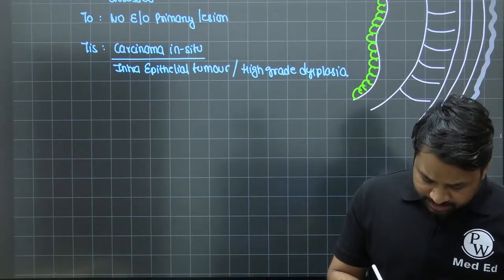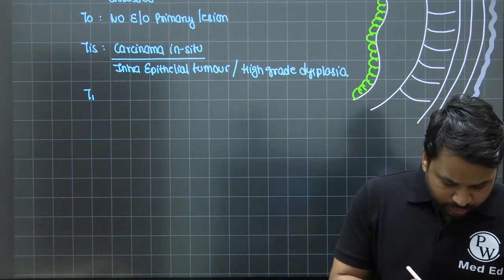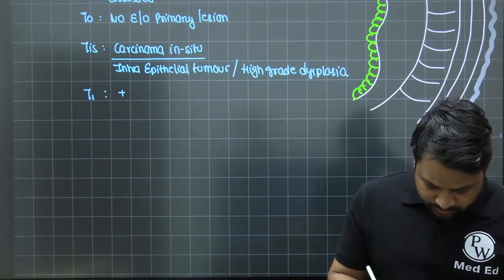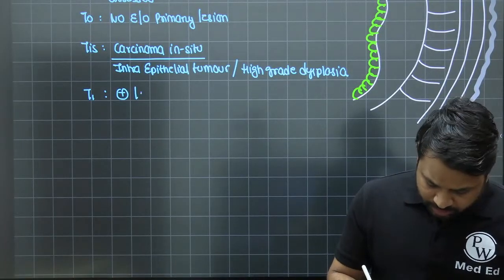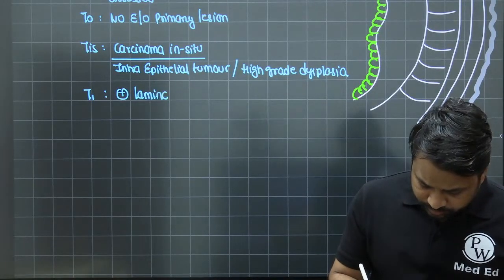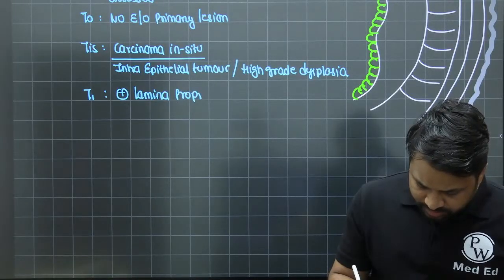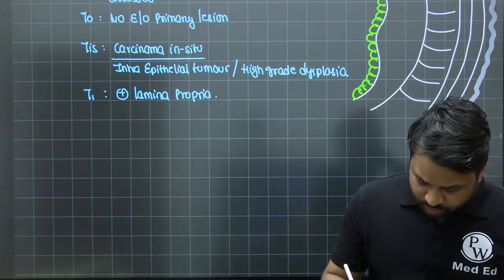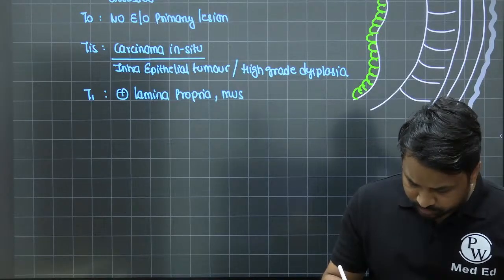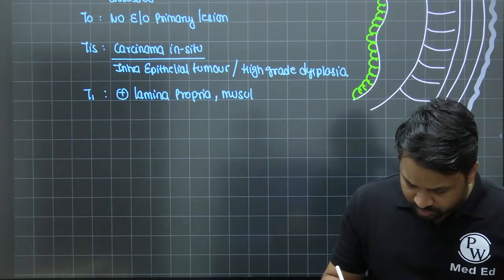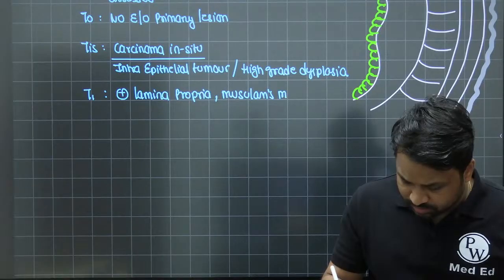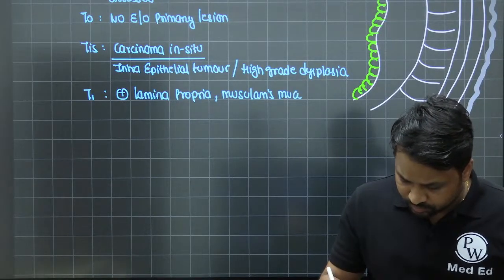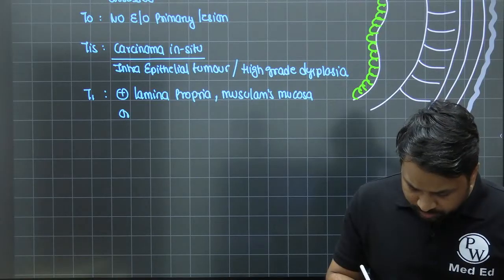Then comes the T1 tumor. When I say T1 tumor, there is involvement of lamina propria, muscularis mucosa, or submucosa.